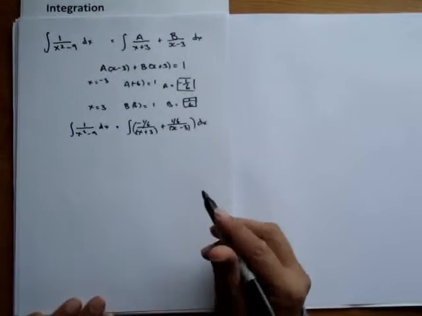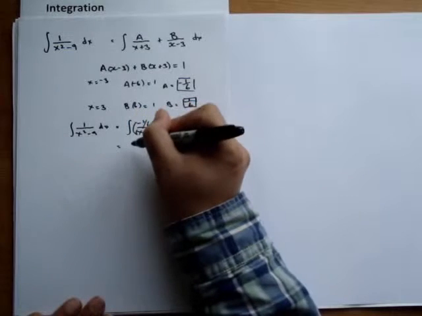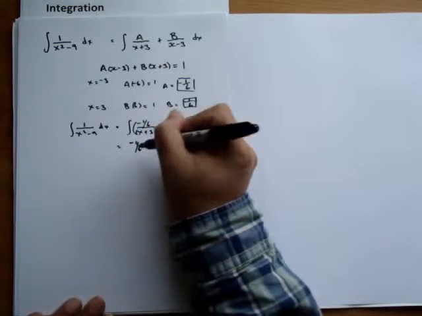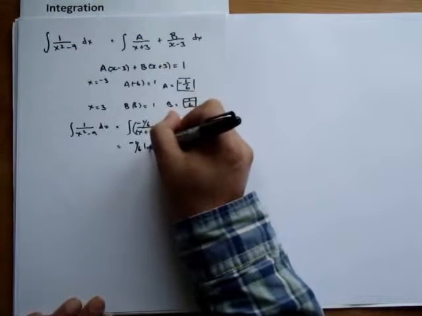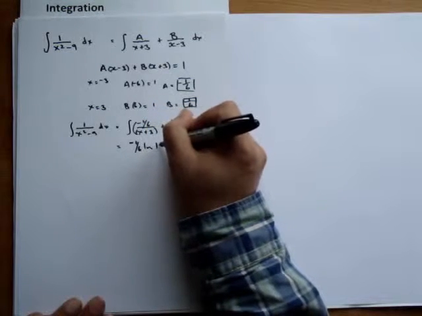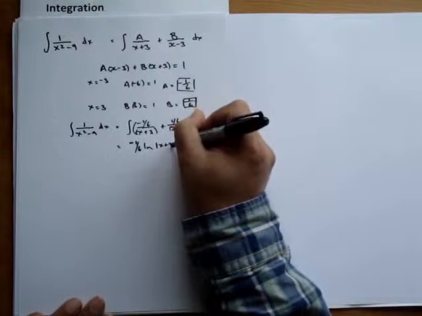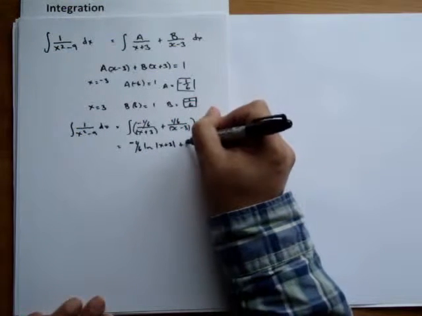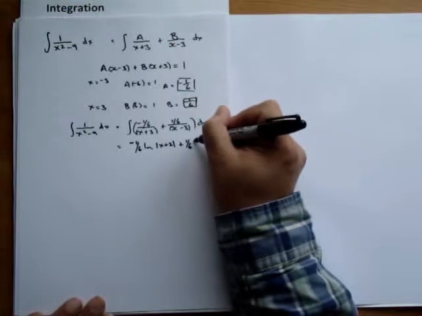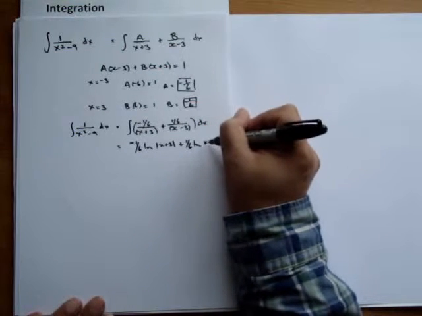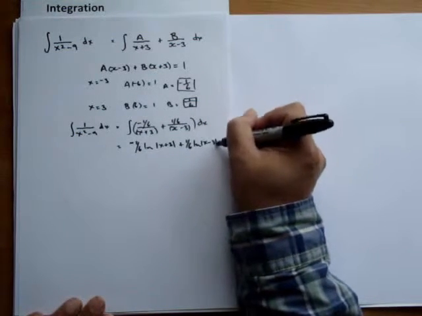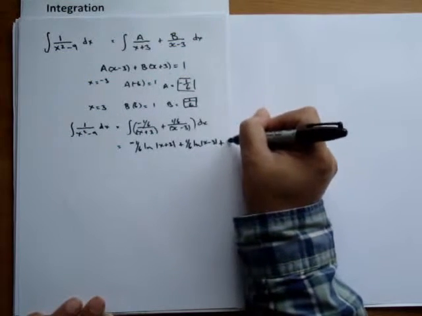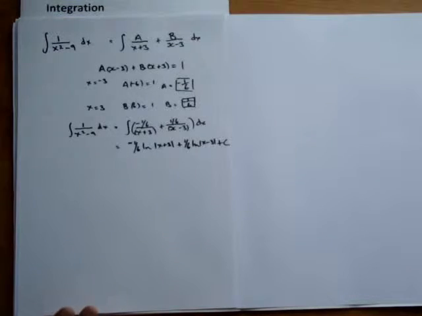And then when we do the integration, we get minus 1 over 6 natural log of x plus 3 plus 1 over 6 natural log of x minus 3 plus c, and that is our answer.